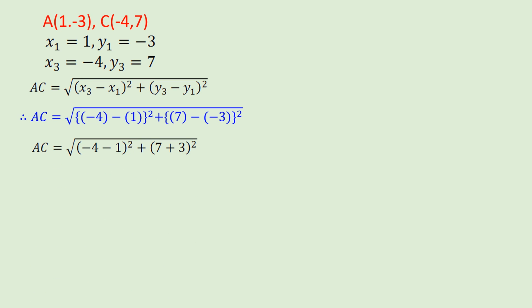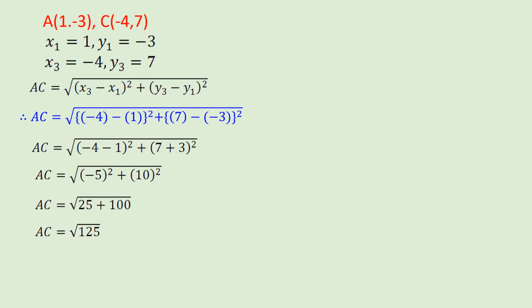Further simplifying, you get (-5) whole square plus 10 whole square, which gives 25 plus 100. So AC is root of 125.